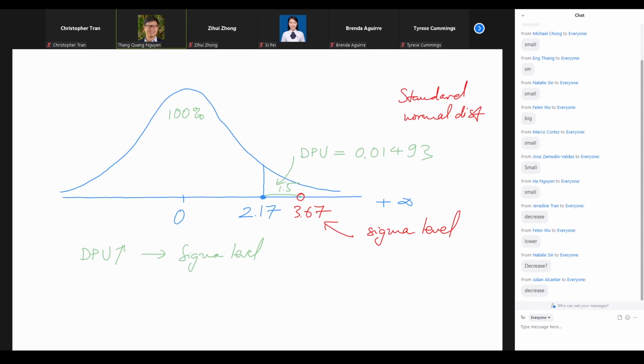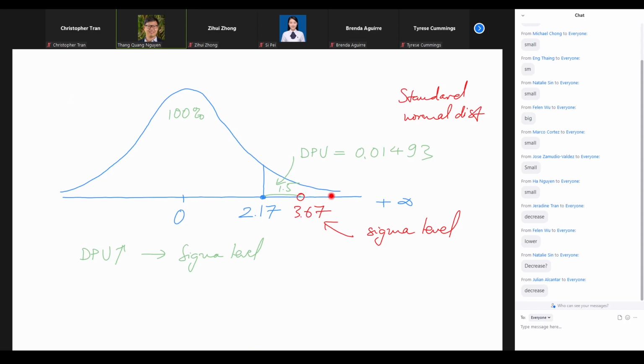So here's the thing. If you look at the way we construct the sigma level, we cut the triangle and we pin out the blue point, and then we add 1.5, then we have the red point, right? So if the sigma level, I mean the DPU, increases, this area needs to be bigger than before.